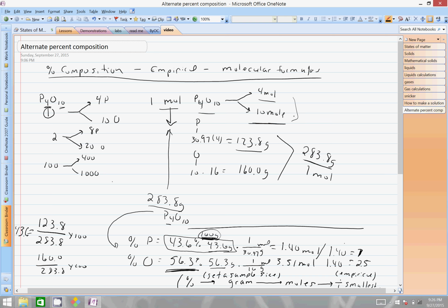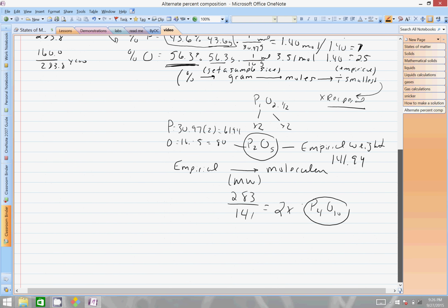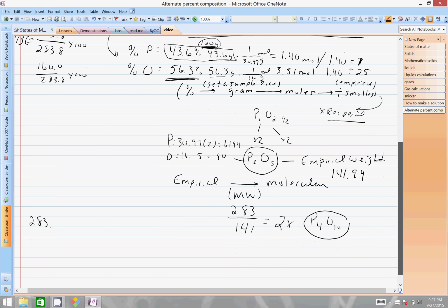Now, in this case, I'm going to give myself a little more room here. So I have 283 grams, 283.8 grams. And I'm going to follow the same procedure. I'm just going to flip them to moles.